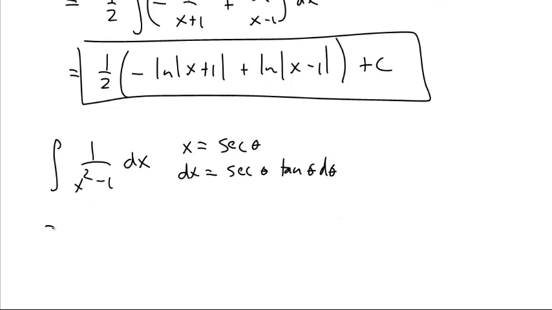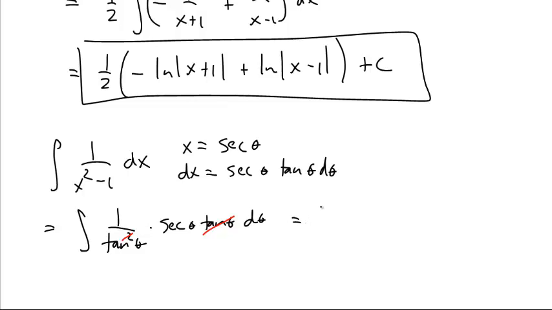So we would end up with, let's see, 1 over secant squared minus 1 is tangent squared. So this is 1 over tangent squared of theta times secant of theta tangent of theta. And one tangent goes away. And oof, what do we do with that? There's the d theta here.